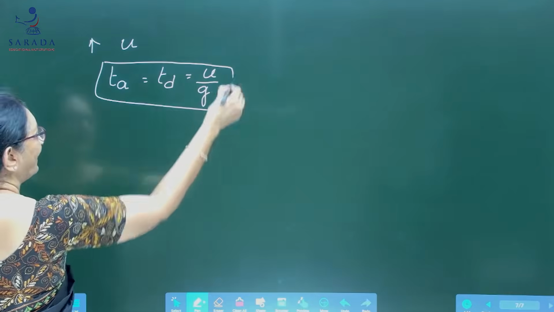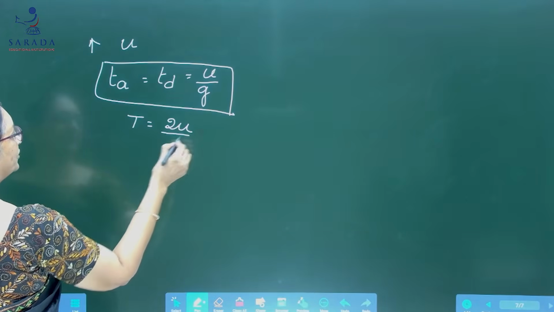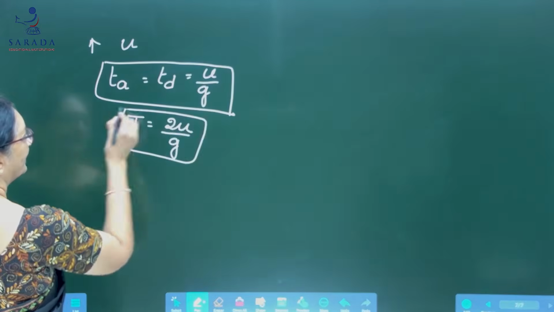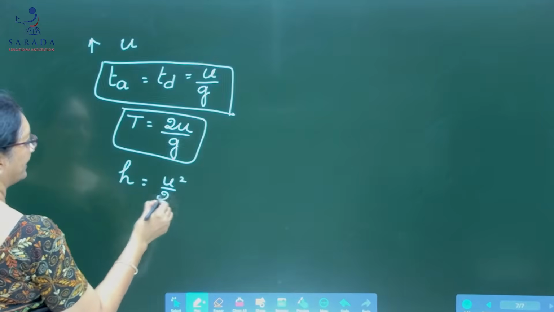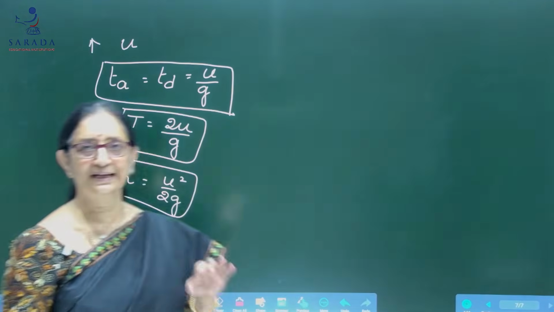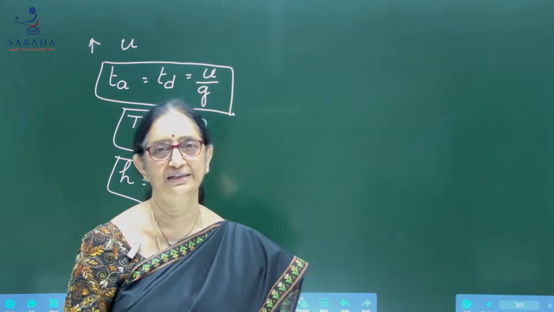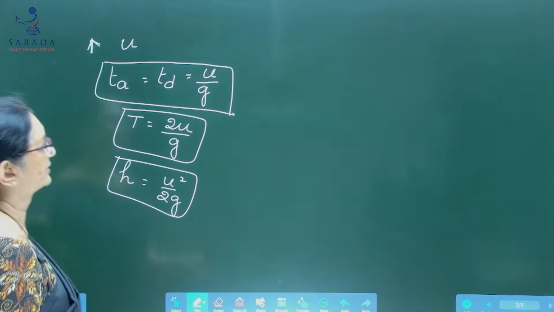Time spent by it in air, or time of flight, is 2u by g. Maximum height reached by the vertically projected body is u square by 2g. It reaches the ground with the same velocity of projection. This is the case of vertical projection.